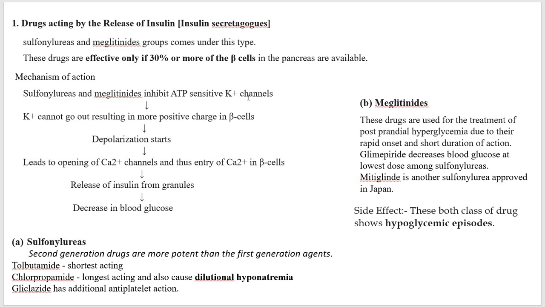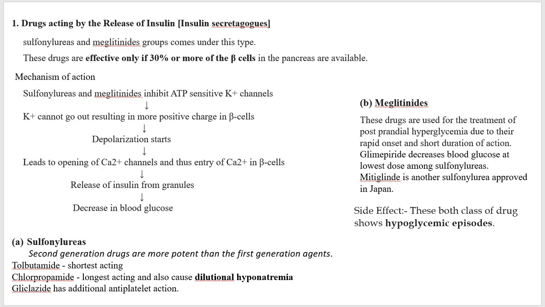As a result the potassium concentration inside the cell increases, and that starts depolarization. That leads to opening of calcium channels and entry of calcium into the beta cell, release of insulin from granules, and a decrease in blood glucose.